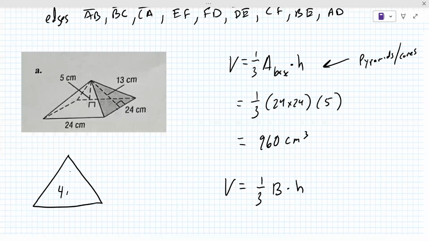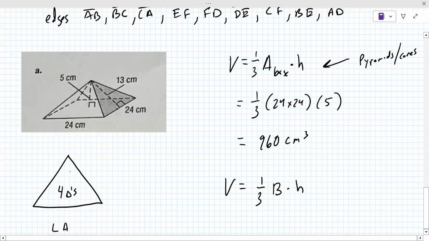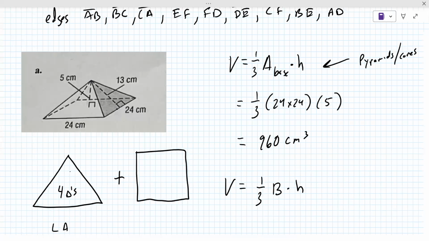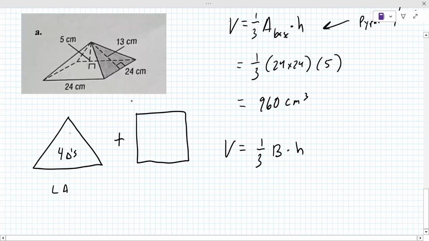Do you agree with that? That's what's called the lateral area. The base is a square. When you add these together, that's the surface area. So you can think of the surface area as all the faces, but the lateral area excludes the bases.